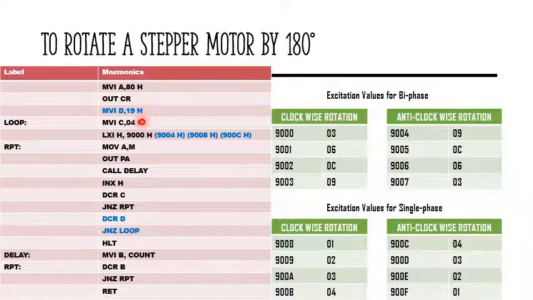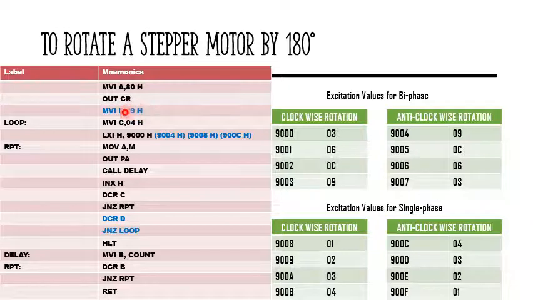The only steps included here are highlighted in blue color. Since we have to rotate the stepper motor for a specified angle of 180 degrees, that angle is calculated and it comes as 25 in decimal, and its equivalent value is 19H.